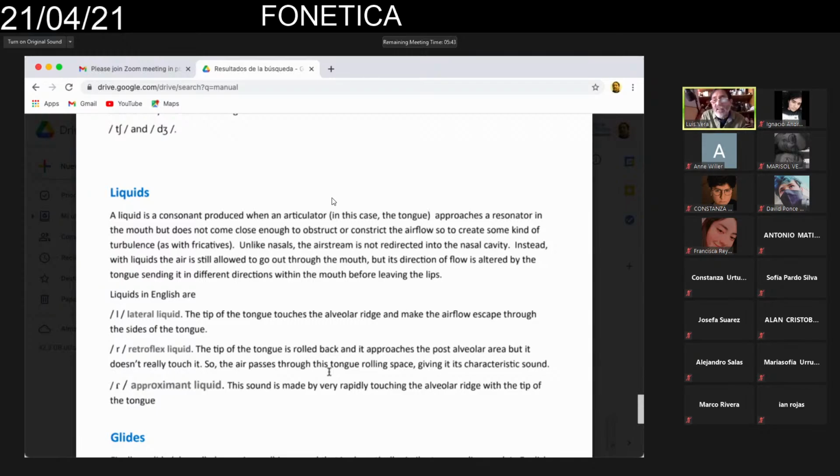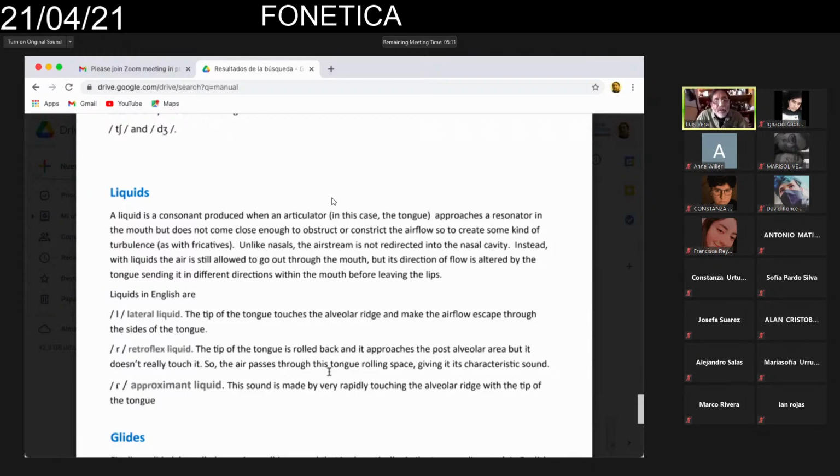Unlike nasals, unlike means a diferencia de, unlike nasals, the airstream is not redirected into the nasal cavity. Instead, with liquids, the air is still allowed to go out through the mouth, but its direction of flow is altered by the tongue sending it in different directions within the mouth before leaving the lips. What an explanation, but do you understand it?